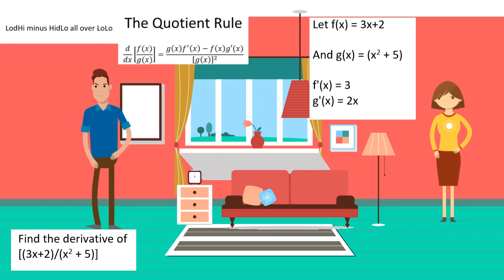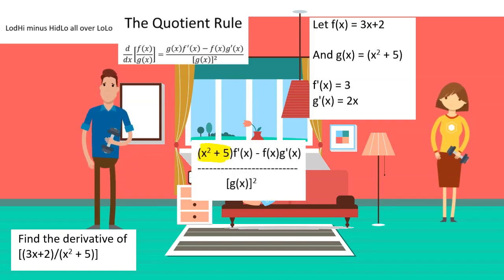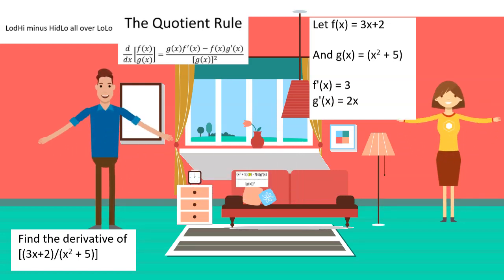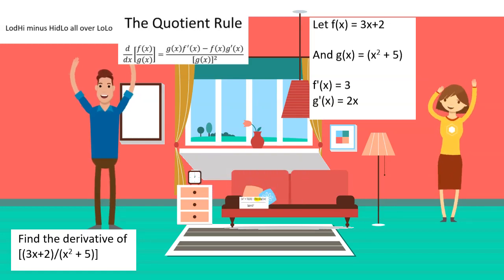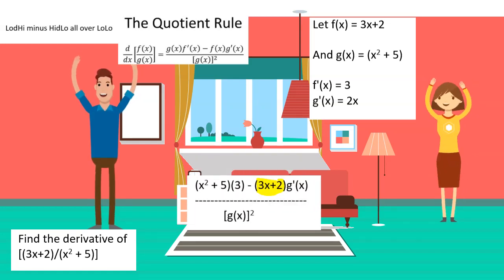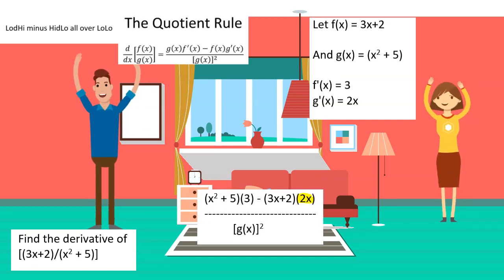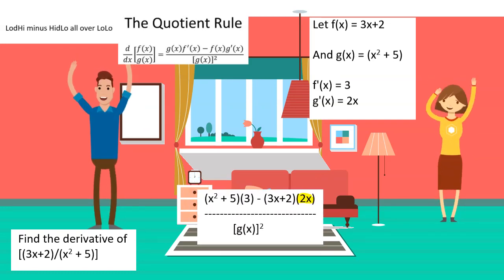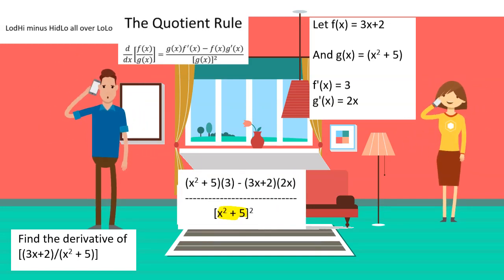And then by substitution into the quotient rule, we substitute the g of x first, which is x squared plus 5, and then the f prime of x, which is 3, and then we substitute the f of x, which is 3x plus 2, and then the g prime of x, which is 2x, all over the square of g of x.